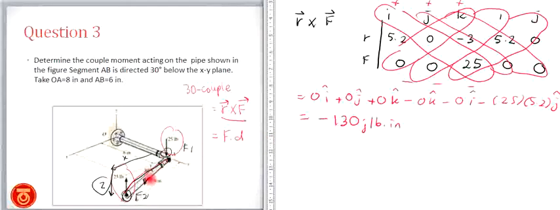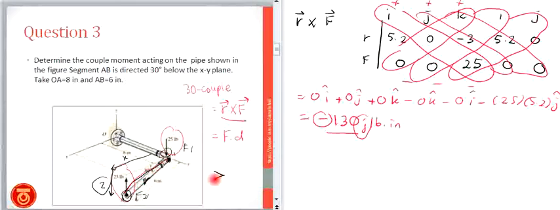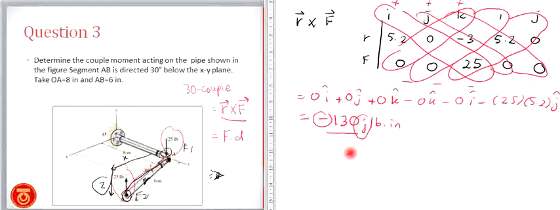To make sure of the answer, the magnitude is 130, and to make sure of the negative and the axis, you can assume that you have your eyes here and you can see it like this.